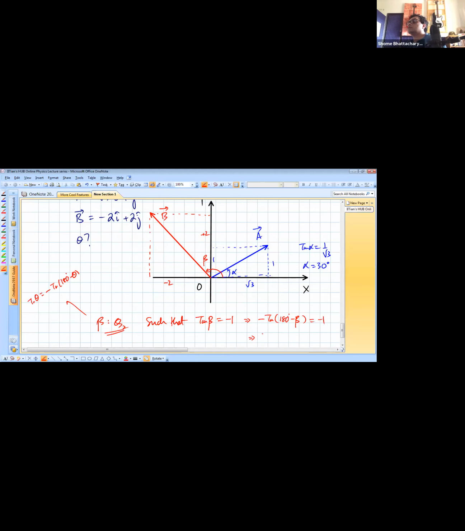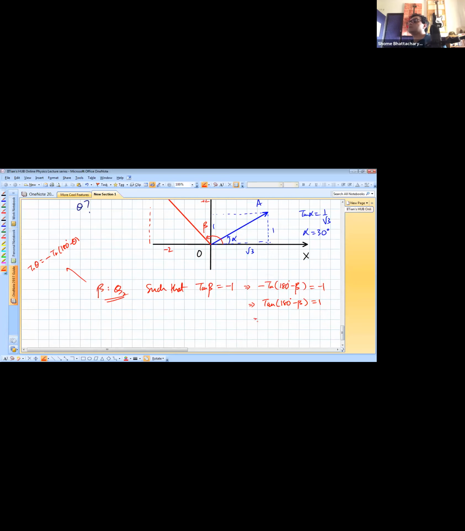If you write it formally like this, this thing is equal to minus 1. That means tan of 180 minus beta should be 1, and this 180 minus beta should be an acute angle. So we can just write 180 minus beta as 45 degrees, or as expected, our beta comes out to be 135 degrees. So we got beta and earlier we got alpha.